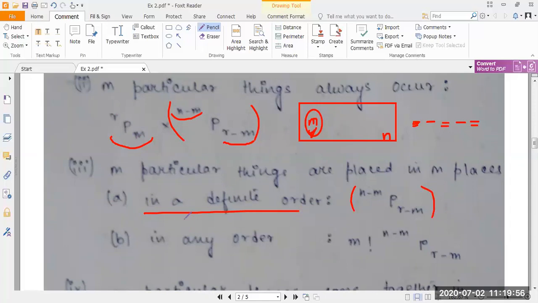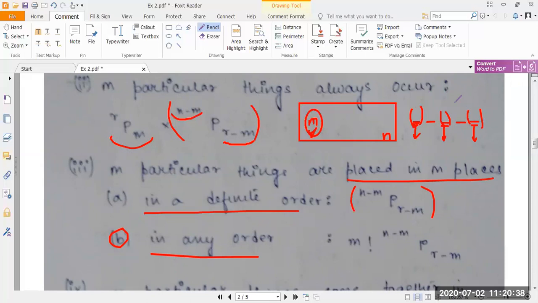In the third, the formula part, m particular things are placed in m places in any order. When they talk about a definite order, they have already said that the first ball will be in this position, the second ball in this position, and the third ball in this position. But when they talk about it placed in m places in any order, they have probably said that the m balls that I always want to have in my set of r balls need to be in the first position, third position, and fifth position.